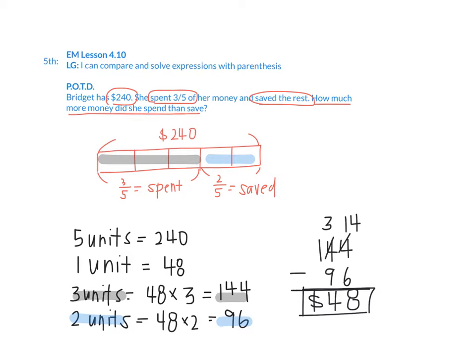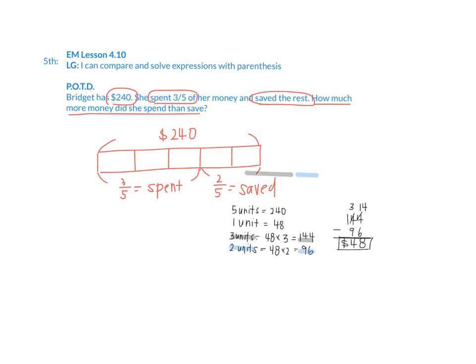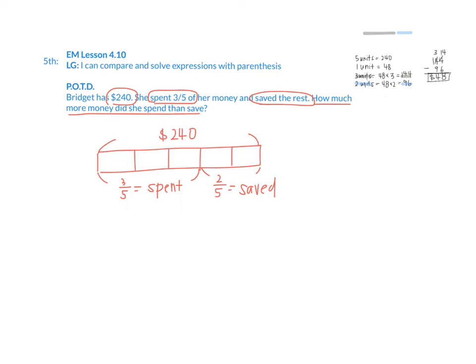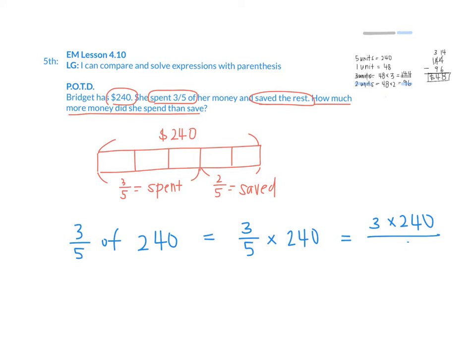Okay. There's a second way to solve this problem. We know that 3/5 of 240 is what he spent. How could I write that as a multiplication equation? Nadav? 3/5 times 240. Very good. 3/5 times 240, which is the same thing as 3 times 240 all over 5.